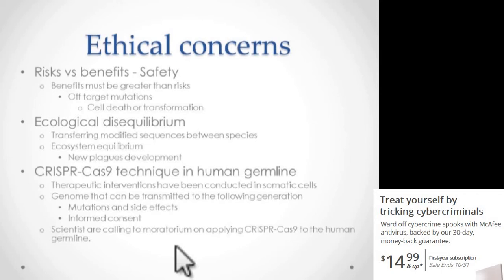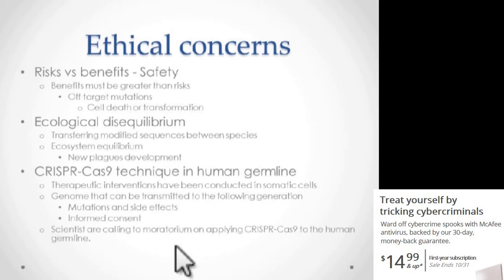Because we are editing certain organisms, we are kind of worried that these organisms can potentially transfer their modified sequence to other species and therefore create a disequilibrium in our ecosystem, because we're using some organisms over the others.